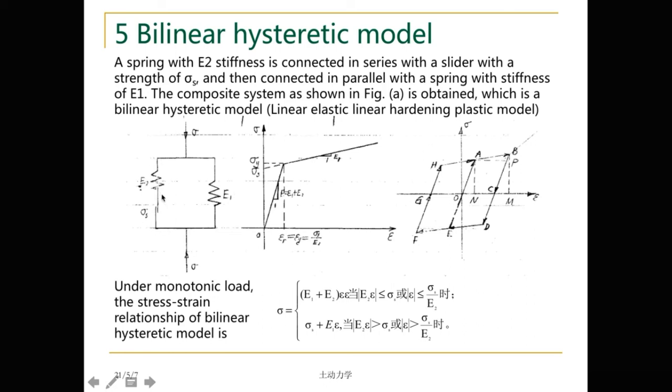This system is then connected in parallel with a spring with stiffness E1. This is the system. The composite system shown in figure A is obtained, which is a bilinear hysteretic model, a linear elastic, linear hardening plastic model.